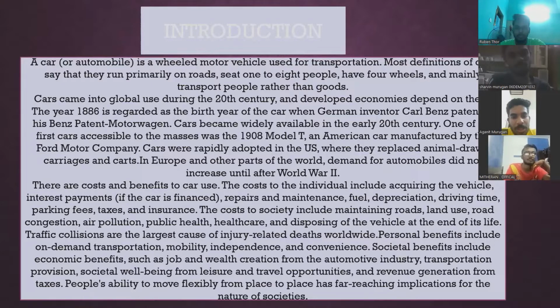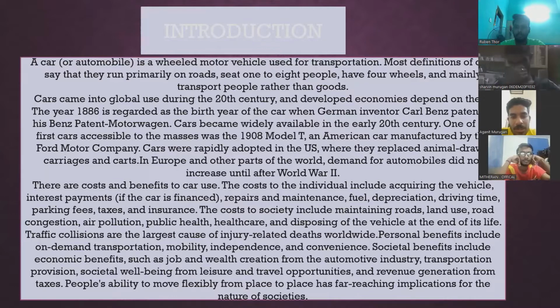Cars were rapidly adopted in the US, where they replaced animal-drawn carriages and carts. In Europe and other parts of the world, demand for automobiles did not increase until World War II.